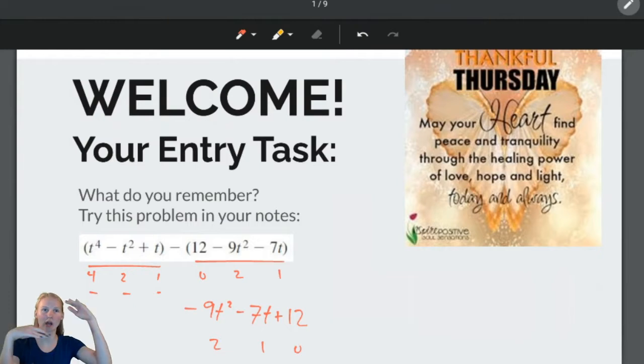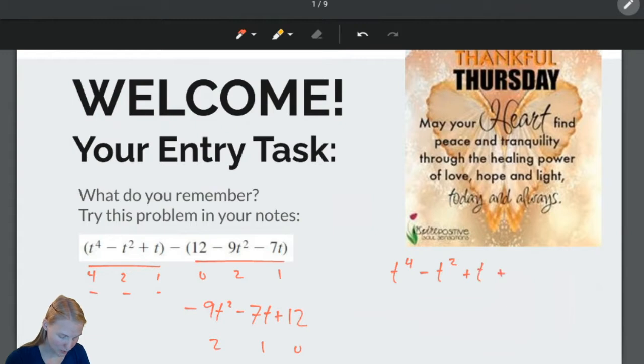So when we write our subtraction problem, when we write t to the fourth minus t squared plus t, we also need to put a plus 0 on the end. We want 4, 2, 1, 0, so that we have enough spaces for all of these, 4, 2, 1, but we also include the 0 of the other polynomial. Okay, so that's our first one.